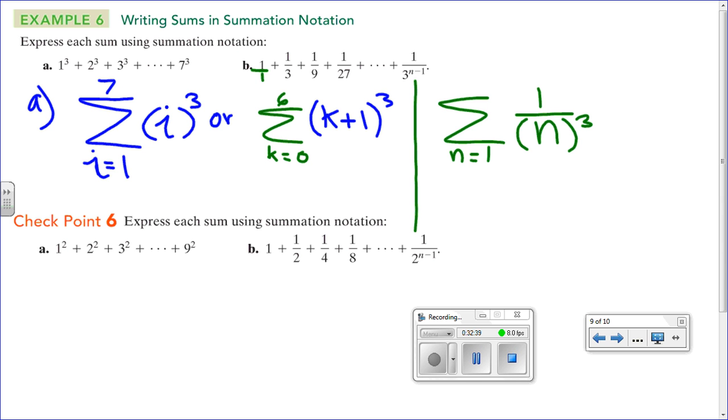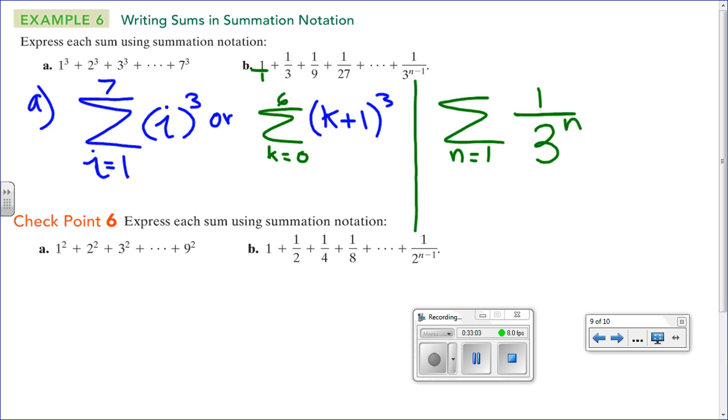So the first term will be 1 over 1 cubed. No, I feel like I'm doing this wrong. Wait, it's the other way. My bad. It's to the nth power, right? So you say multiples of 3. I should have done this: 3 to a power. There we go.